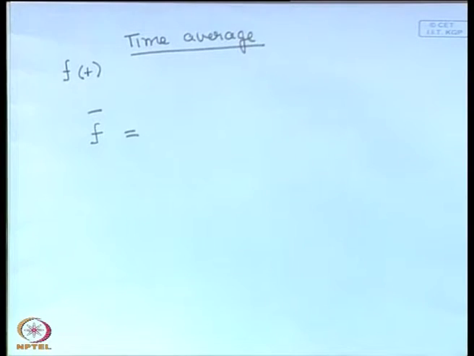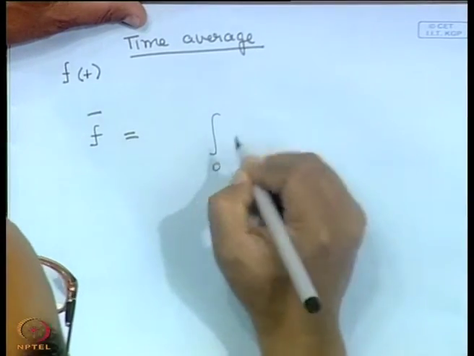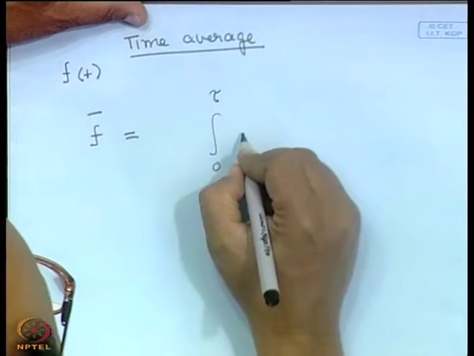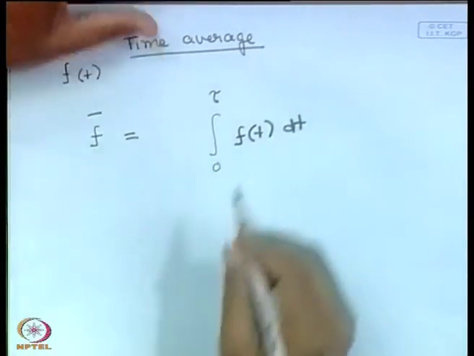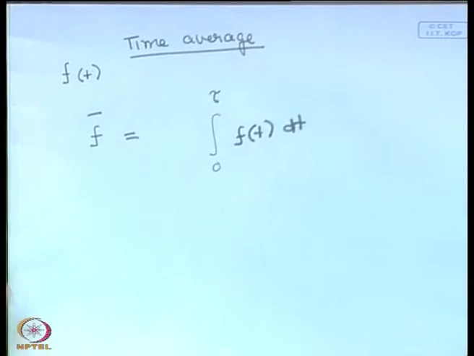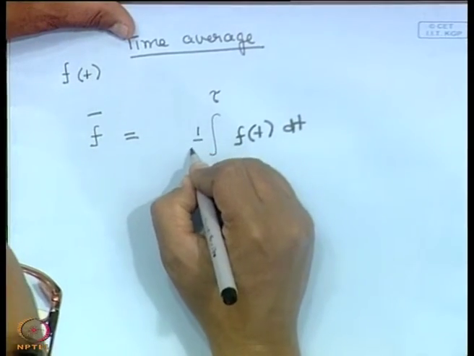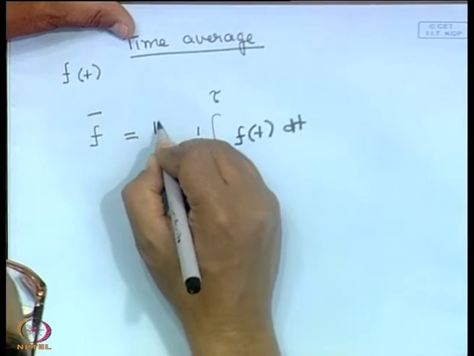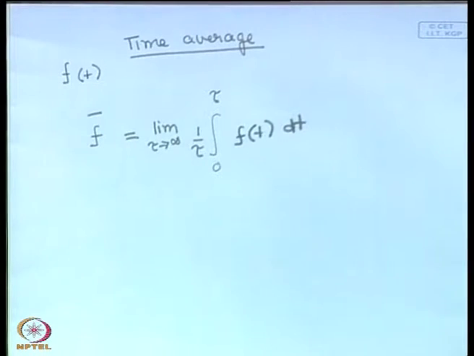You average f over the time interval tau, so from 0 to tau, f(t) dt, you do this integral, and then you divide by tau, and we are interested in the limit where tau goes to infinity, a very large time. So, it is an average over a very large time.